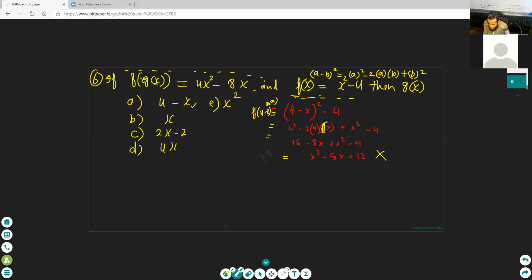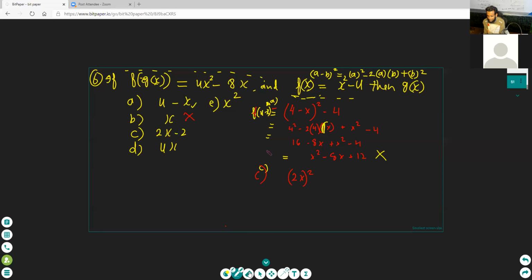Check other options. For B, you can select any option, random. No, it's not B. So let's try C. For option C, you replace x by 2x minus 2.